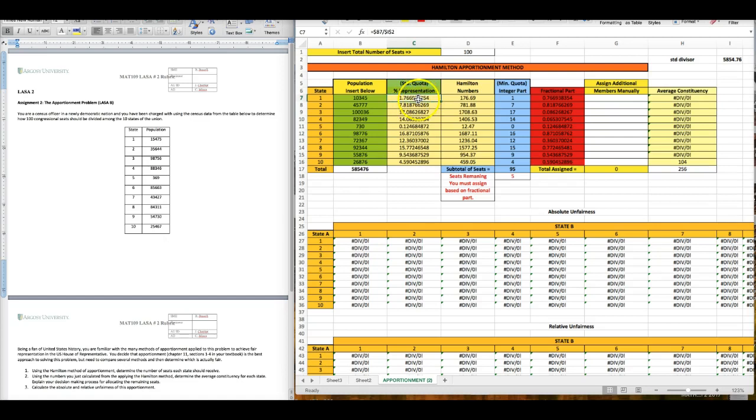So from here, we have our standard quota, and now what we need to calculate is the Hamilton number, okay? And so this is where Hamilton's method comes along. So what we're doing here is we're taking this and we're going to multiply this cell here, which is C7, and we're going to multiply it times cell D1.